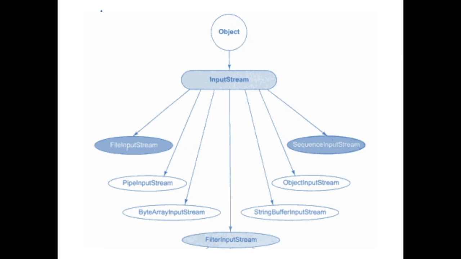The superclass called input stream is actually an abstract class and therefore we cannot create an instance of this class. Rather, we must use the subclasses that inherit from this class.